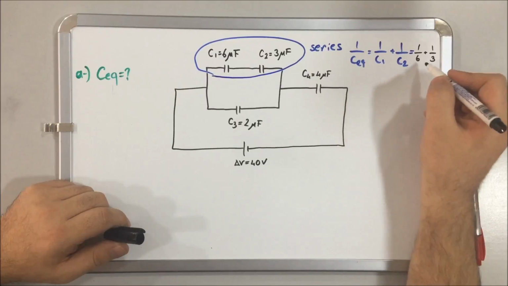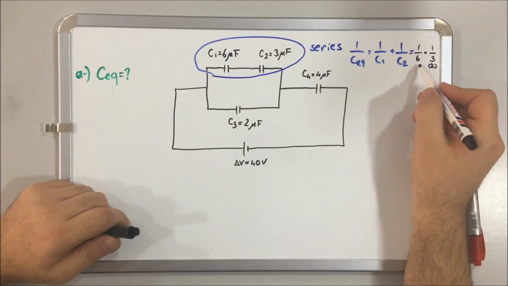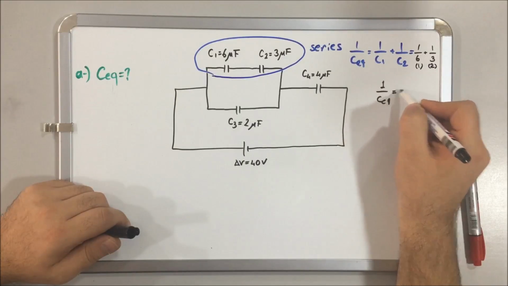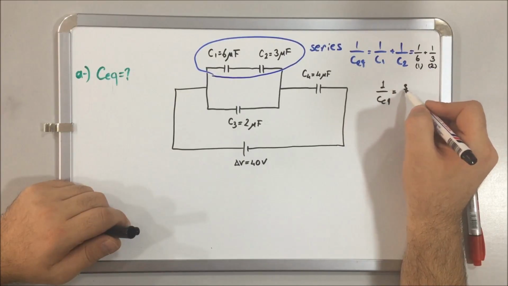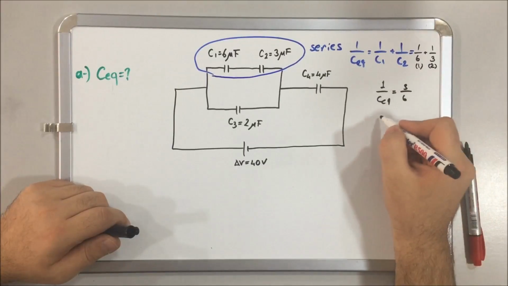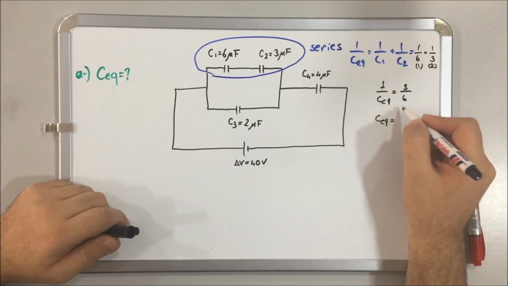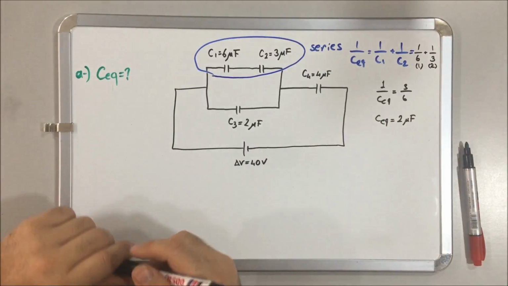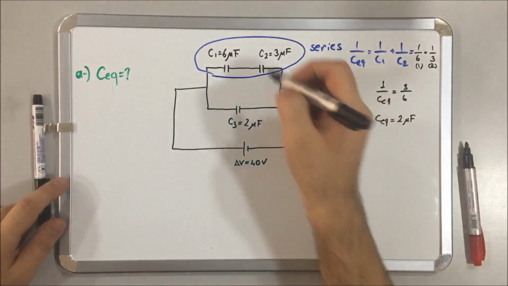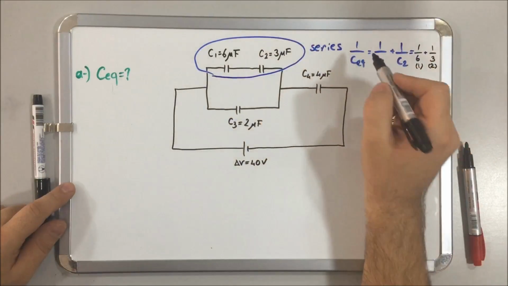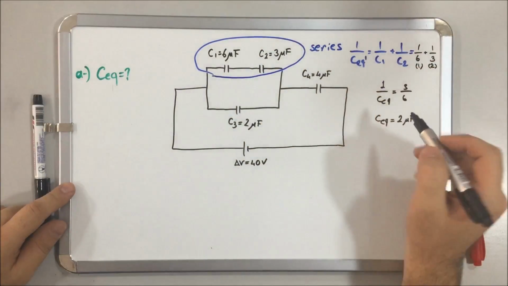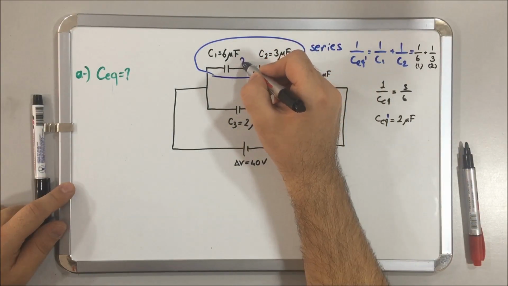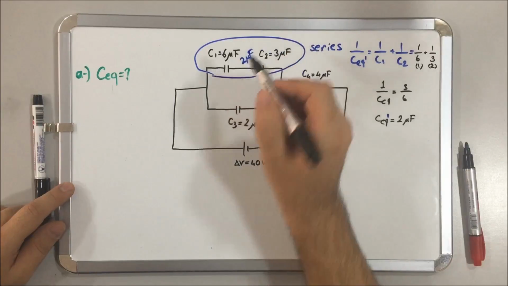So expand this with the 2, 1 over C equivalence will be 3 over 6. So C equivalence will be 2 microfarad. Let's say this one is C equivalence prime. This one is going to be 2 microfarad.